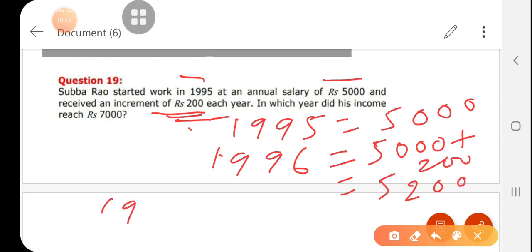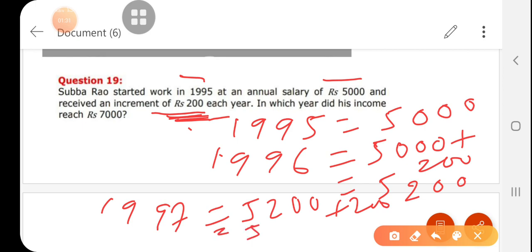In 1997 he got another increment. So his income will be 5,200 plus 200, that means 5,400. Now see, this is in 1995, this is in 1996, and this is 1997.